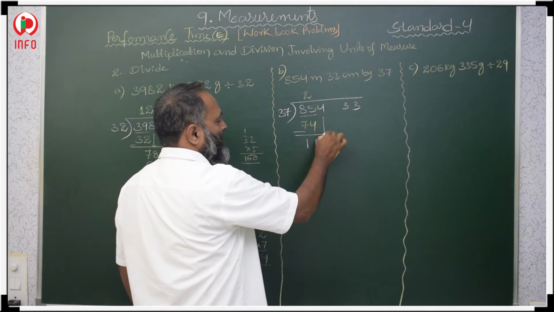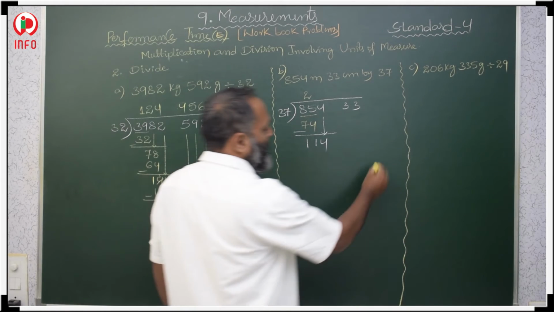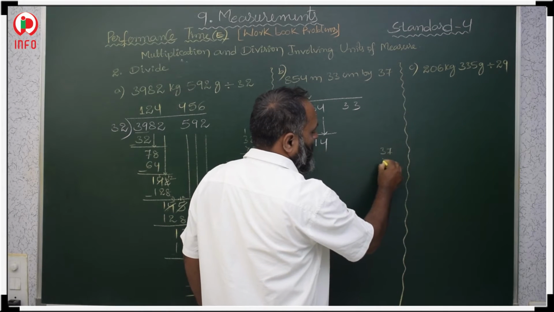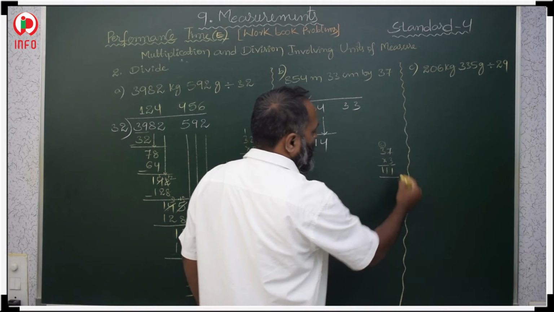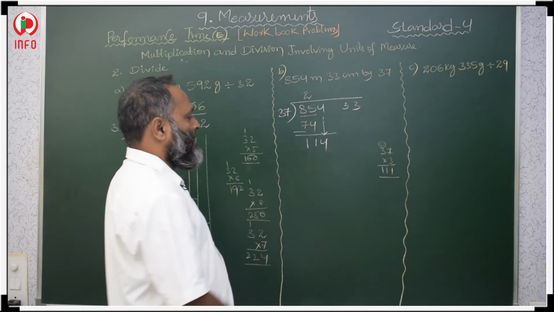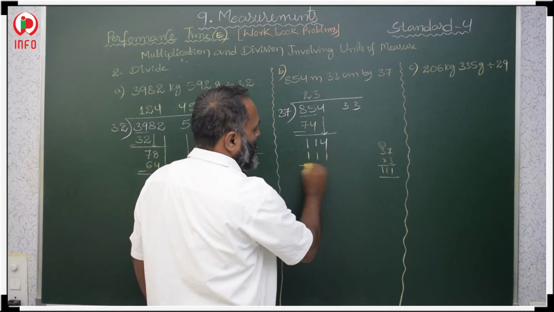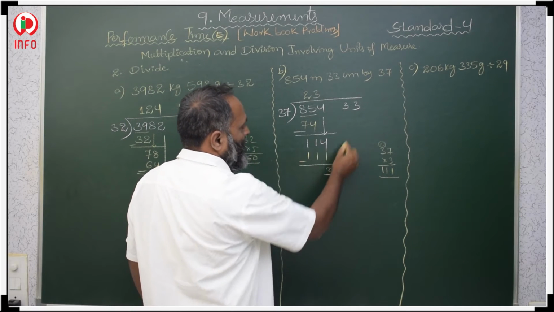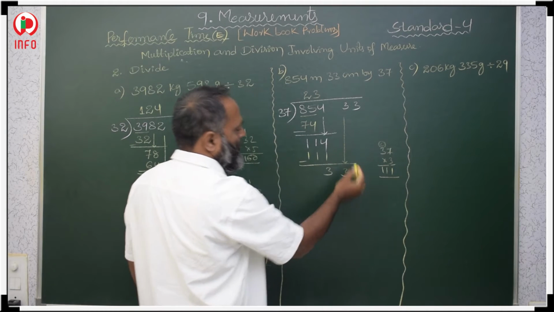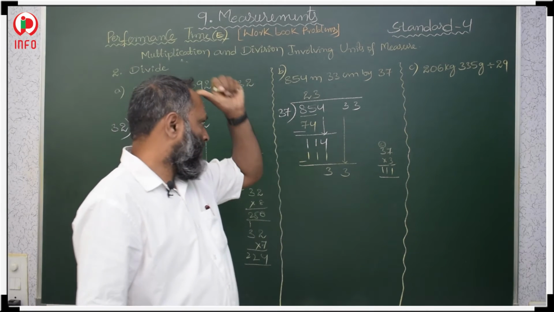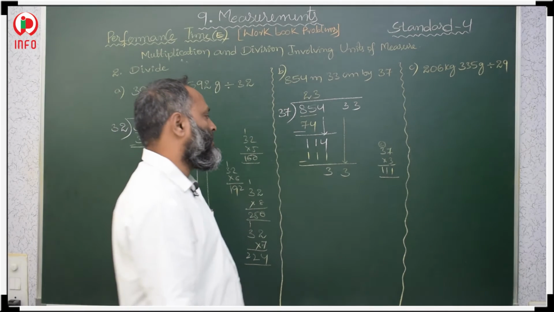So next digit we should copy, 114. In 37 table, 37 3s are 111, then minus, 3. Now if we copy the next one, that is 3. So this is our centimeters part, then whatever the quotient will come, that centimeters we should take.